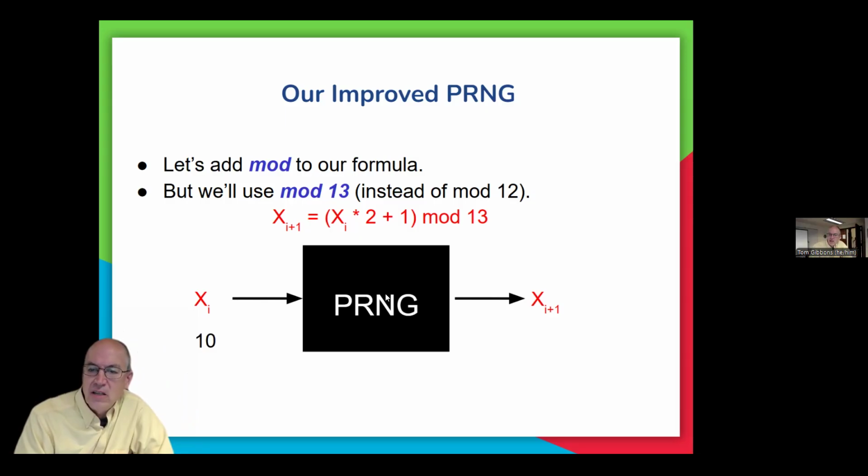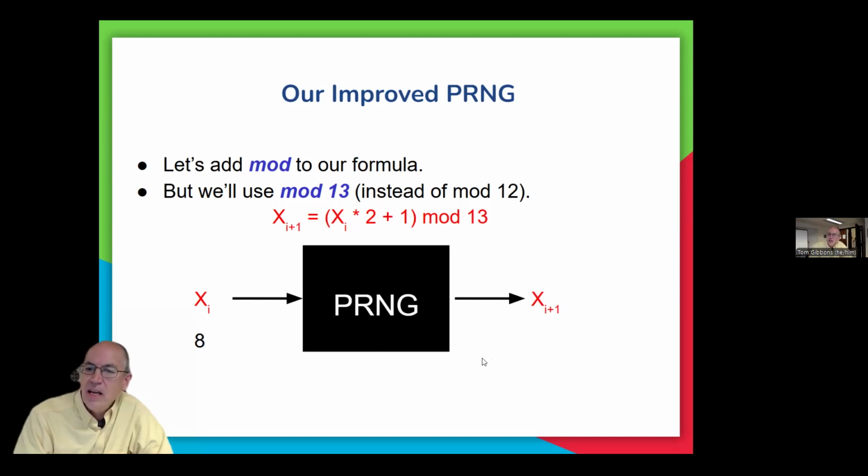So let's do that. If we start with 10, 10 times 2 is 20, plus 1 is 21, mod 13. So 21 divided by 13 goes in once, and the remainder is 8. So our result is 8.